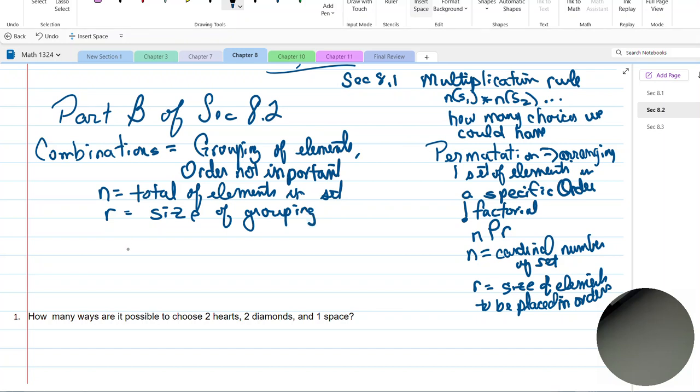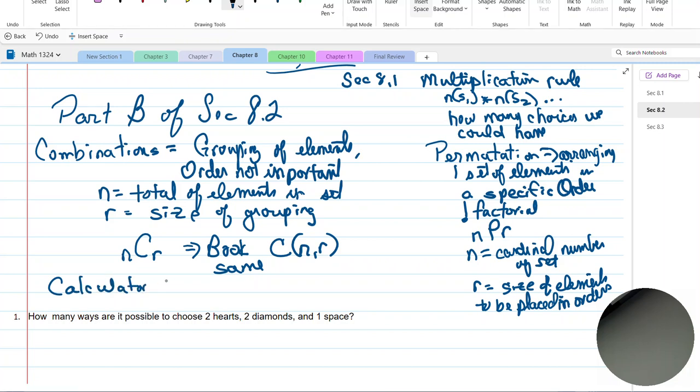Again, we use the NCR, N choose R. The book uses C parenthesis N R, same thing. But for calculator use, we construct the problem using NCR.